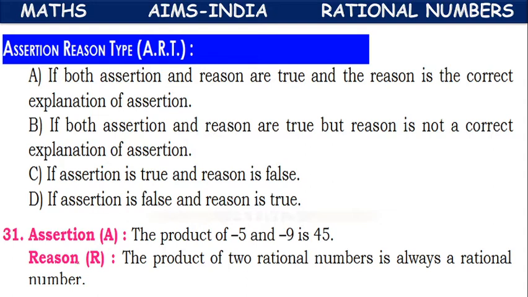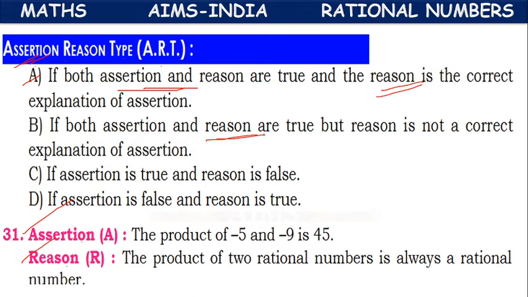Next, you will come across these types of questions also: assertion-reason type questions, ART. One assertion, a kind of statement, will be there, and for that one reason will be there. If both are true and the reason is correct, then the A option will come.